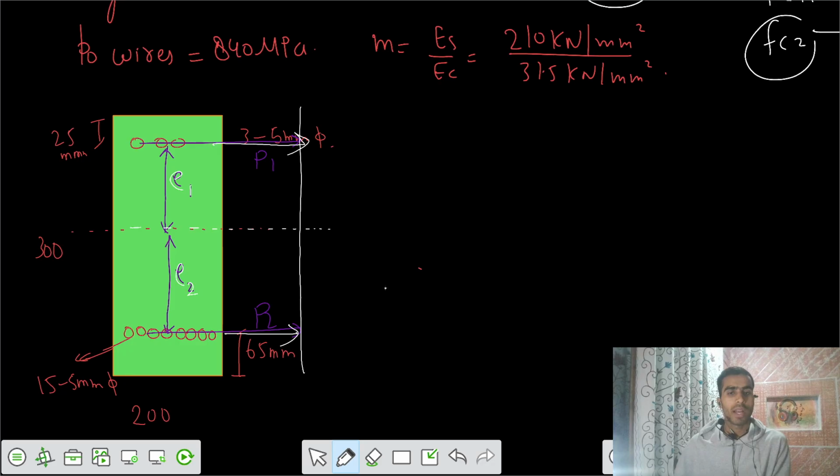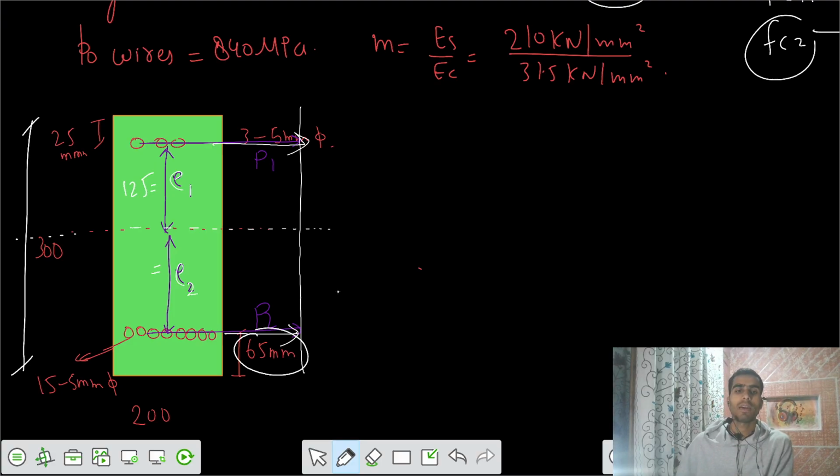If the total is 300, that means up to the mid there is 150, and I would say the eccentricity E1 would be then 125, and E2 would be, let's subtract 65 from 150, that's 85. So I got those two values, 125 and 85, and P1, P2 can be solved. How can you solve P1, P2?